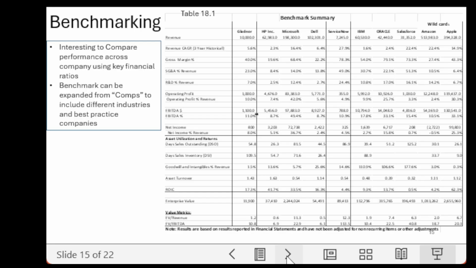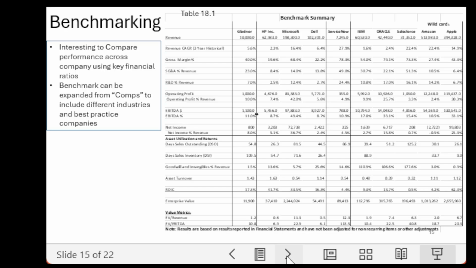They allow us, when we start thinking about ROE and ROIC and beginning to decompose those formulas and look at the drivers, we can compare performance of a company, in this case Gladner, to other companies in the technology business and a couple of wildcard or best practice companies. So we can look down below at ROIC, and we can go back up and look at asset turnover, and we can look at profitability levels, and we can see how the key things like gross margin percent, SG&A percent, inventory levels, receivable levels impact that across each of these companies.